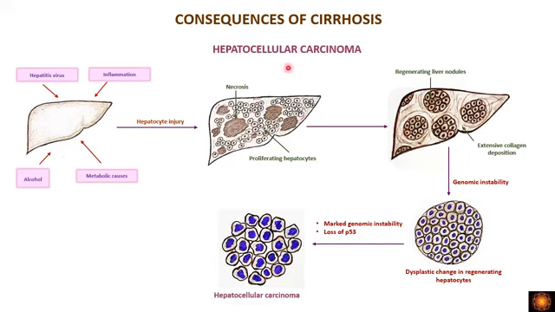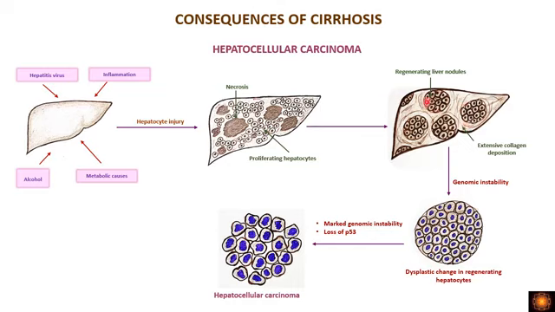Now, how does hepatocellular carcinoma develop in cirrhosis? We have already seen that there are many causes which damage the hepatocytes, and these hepatocytes undergo necrosis, but the remaining hepatocytes will be proliferating. These proliferating hepatocytes form the regenerating liver nodules, which are separated by the fibrous bands.